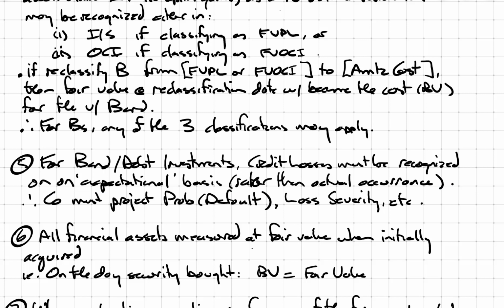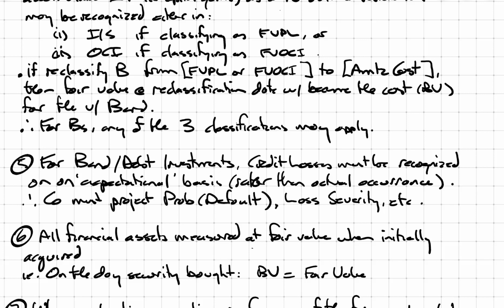And this is really part of the conservatism principle of financial reporting. If we expect bad news, we have to recognize it as soon as possible. Okay. Now, what that means is the company is required to project things like probability of default, loss severity. These are all ingredients needed to calculate credit losses.